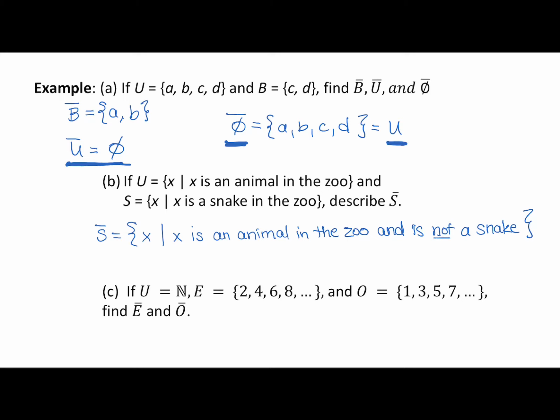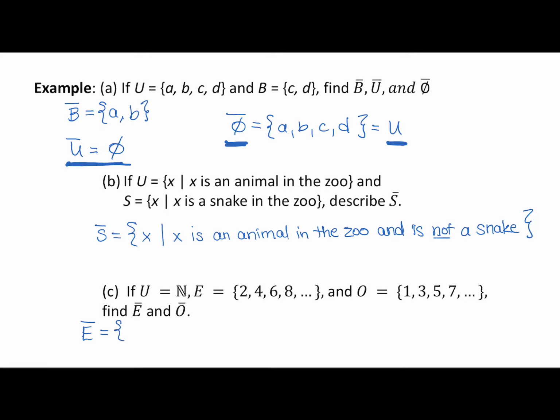Let's look at C. If U is the set of natural numbers, E is the set 2, 4, 6, 8, and so on, so the set of even natural numbers, and O is the set 1, 3, 5, 7, and so on, so the set of odd natural numbers, find E complement and O complement. Let's start with E complement. E complement, we should think not E. If E is the set of evens, we're looking for not evens that live in the natural numbers.